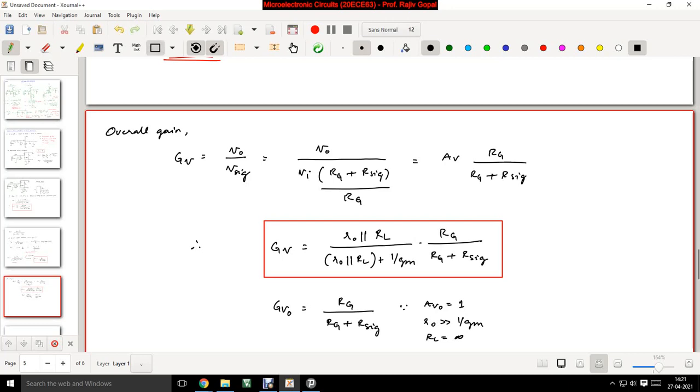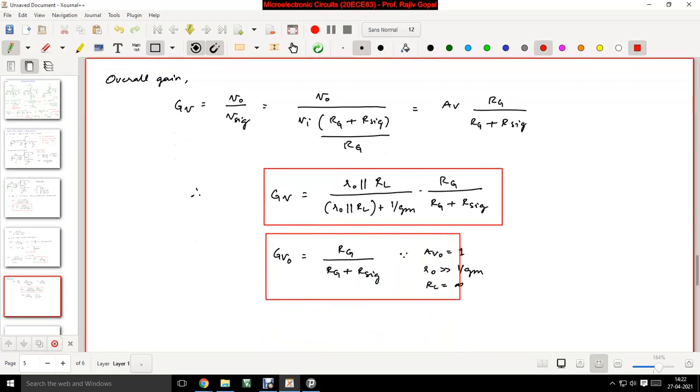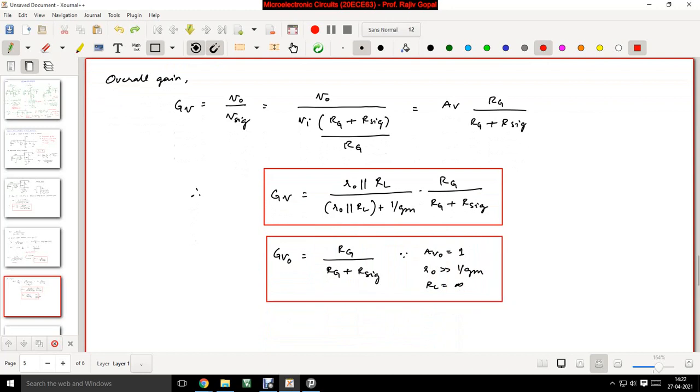So this is GV naught. So we have found Rin, we have found AV, AV naught, then GV and GV naught.